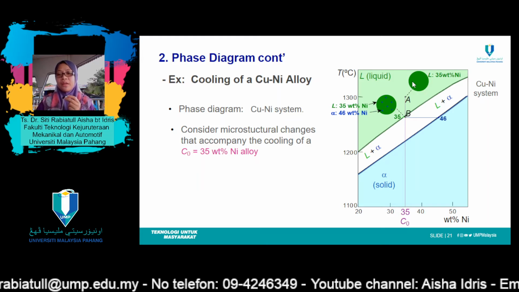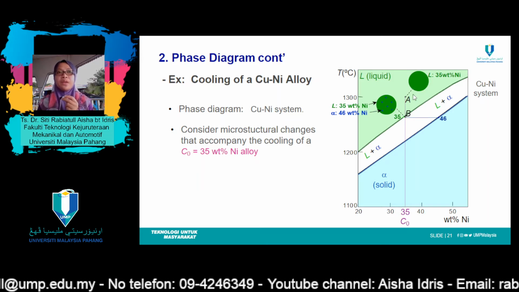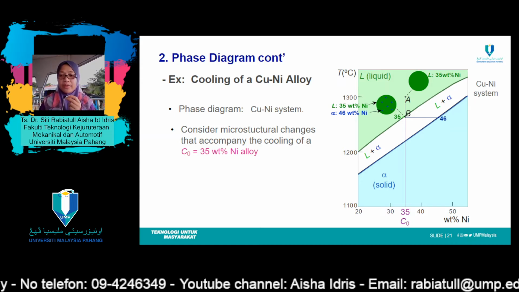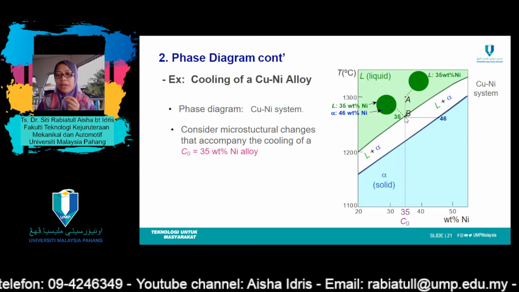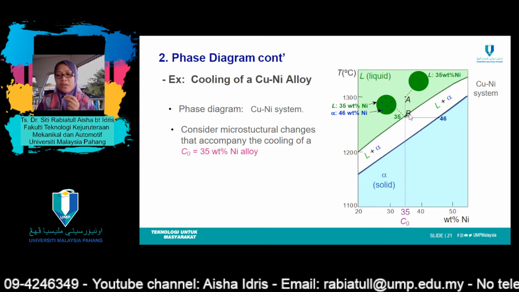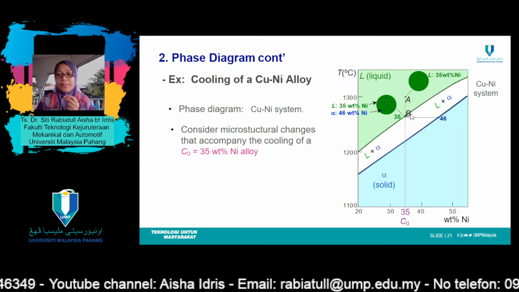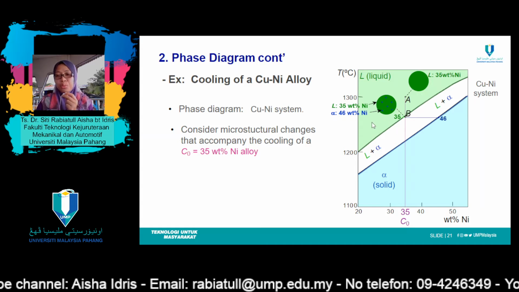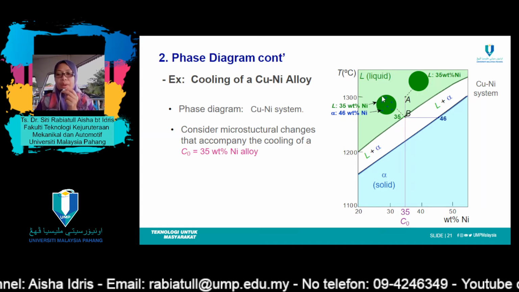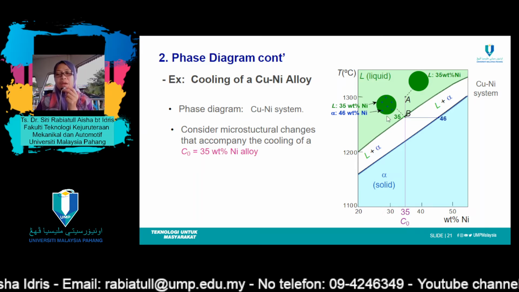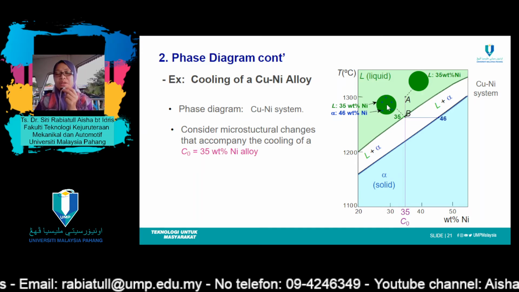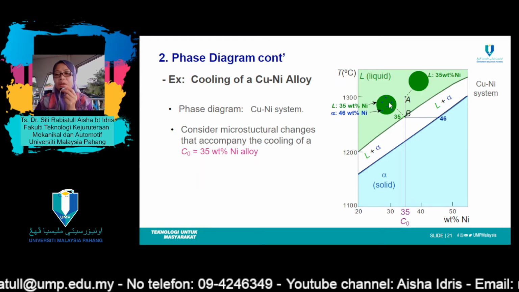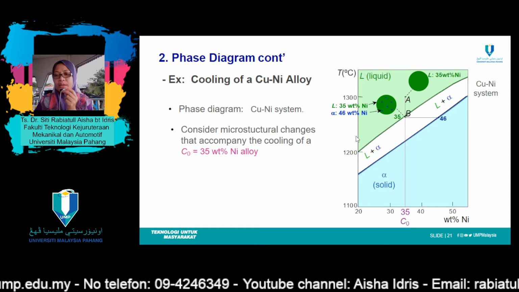Upon cooling, this is liquid, meaning it is already heated until it reaches the liquid phase, and then upon cooling, once it touches this liquidus line, it starts to solidify, which in its microstructure means it starts to have a solid called proeutectic, in this structure, a dotted line there.